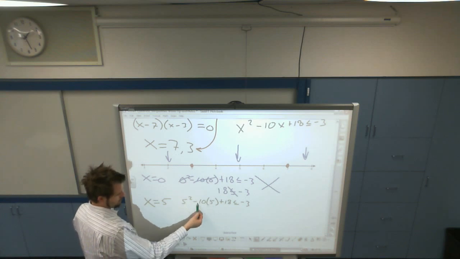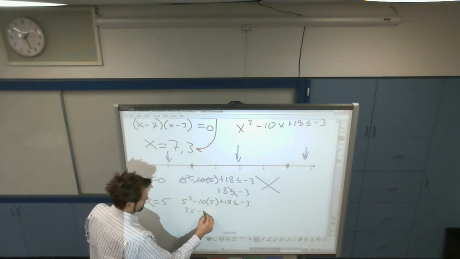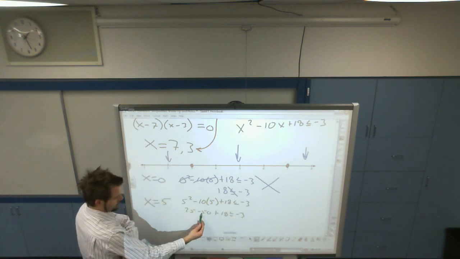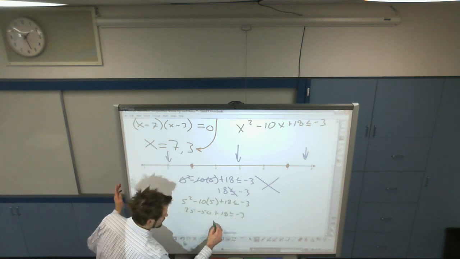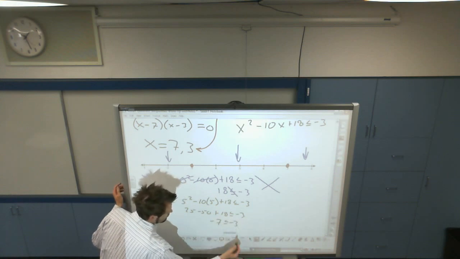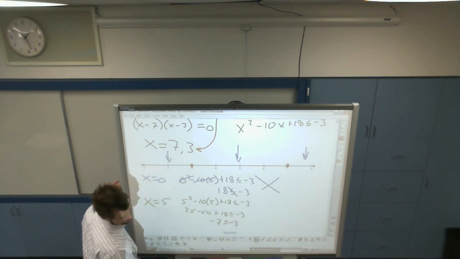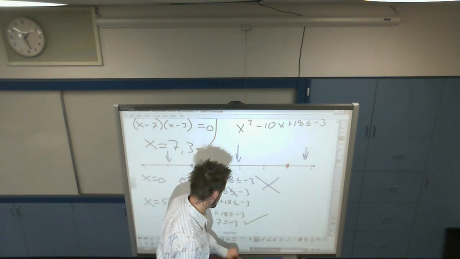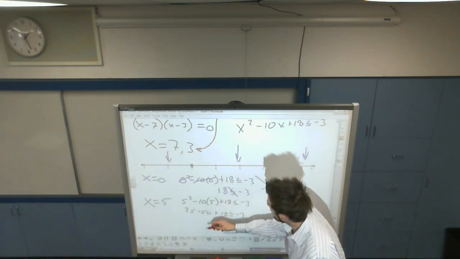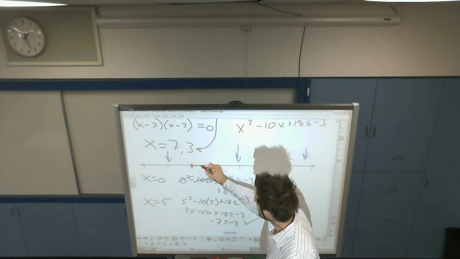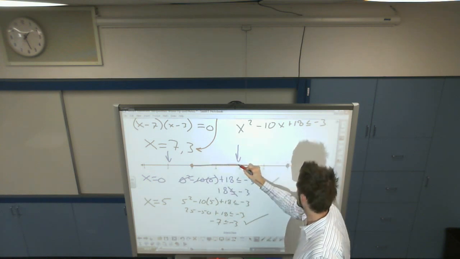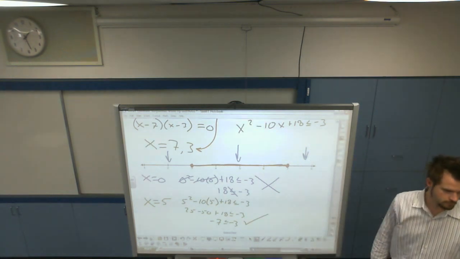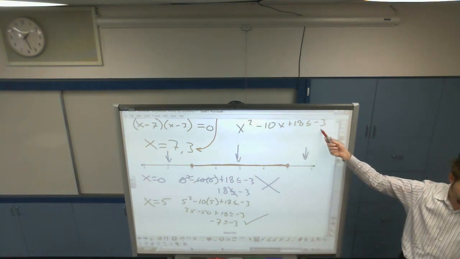Take away 50 plus 18 is less than or equal to minus 3. That's negative 25 plus 18 is negative 7 is less than or equal to minus 3. That's good, right? Okay, so far, I have discovered that the middle region I can now go ahead and shade in, because points in there are going to work just fine for that one.